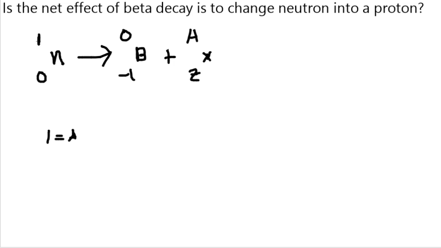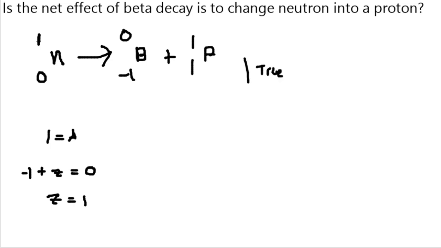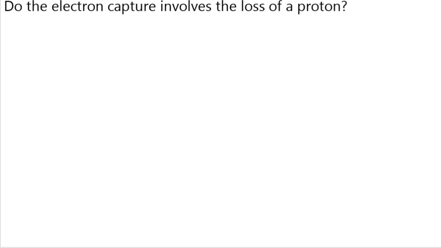So A is going to be 1, so it does have a mass of 1, and Z is going to be, here, we're going to transfer the negative 1 to the other side. It's going to be 1. So this is a proton, so this is also true. The net effect of beta decay is to change neutron into proton.